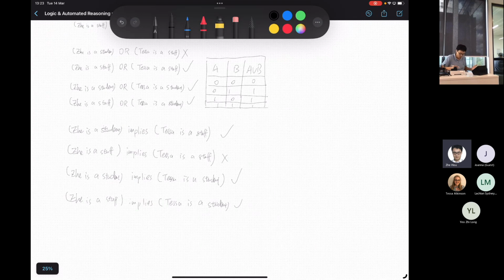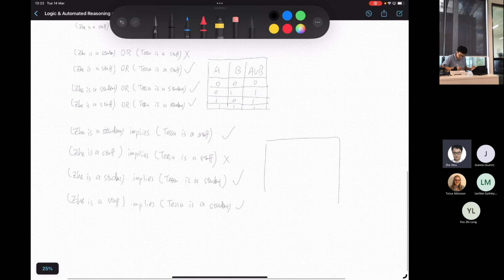So if we want to draw a truth table: A, B, A implies B. Now, if both are false, what do you get? A is false, B is false. You get true, because the left-hand side is false.